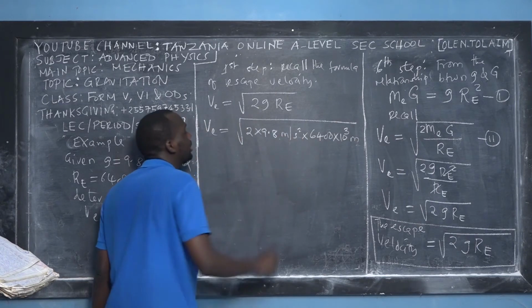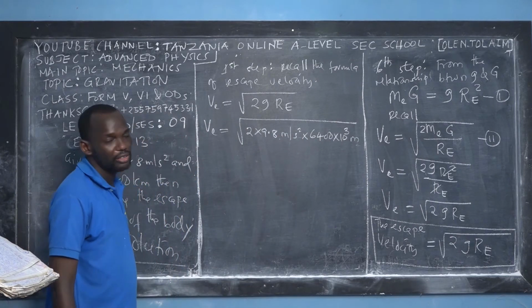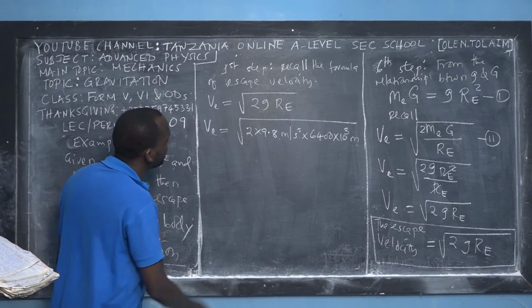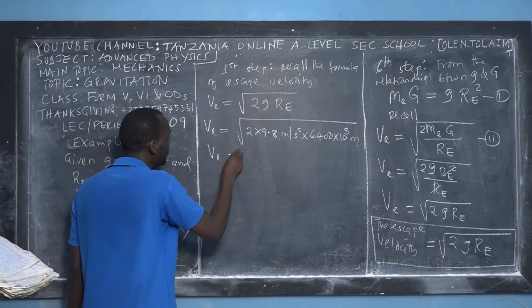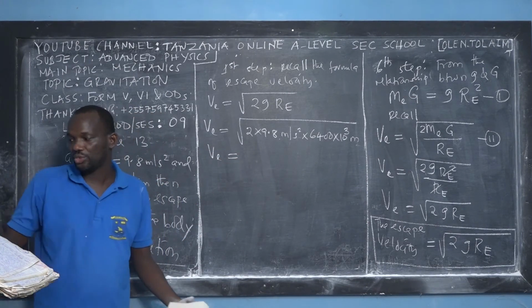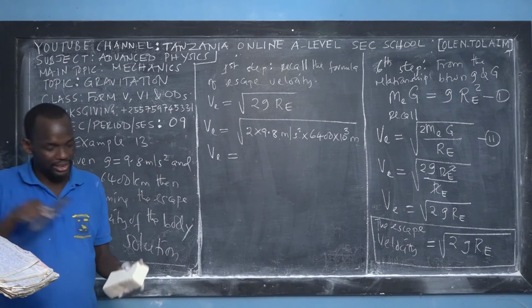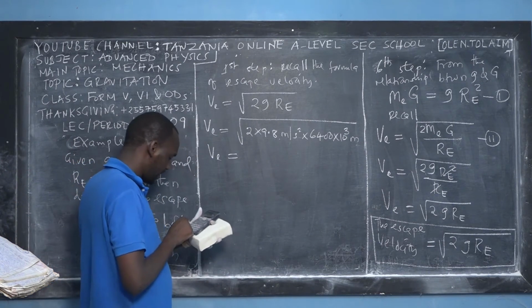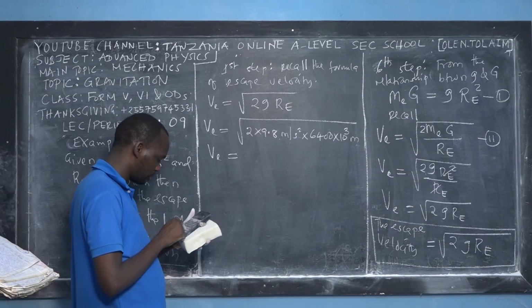So meter times meter is meter squared. Then you have per second squared. If you find the square root, the unit will be meter per second. So just use your scientific calculator, do that simple computation quickly, and then let us go to another concept.